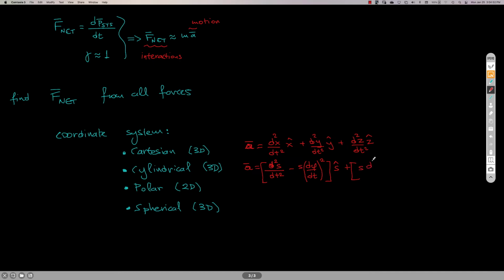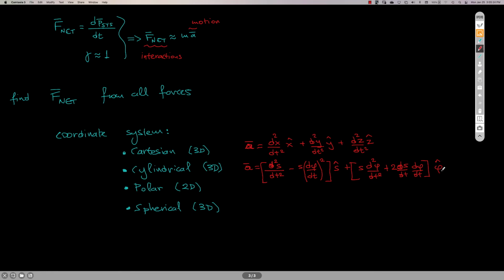s times the second derivative of phi with respect to time, plus 2 ds dt d phi dt, and this is the phi hat component, plus the second derivative of z with respect to time times z hat.